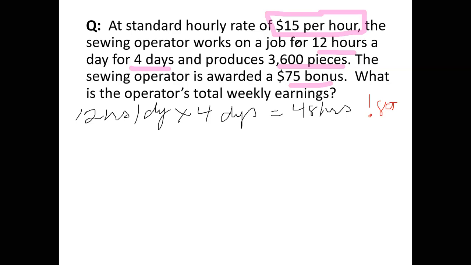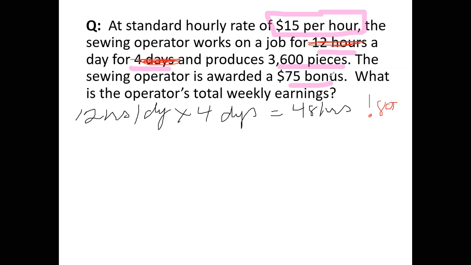The second piece of information, so basically you've dealt with that information. The next thing that is really, really key is to take into account the production bonus, because that production bonus is going to change the hourly pay. Because remember, FLSA said your regular rate of pay will include as well a production bonus.